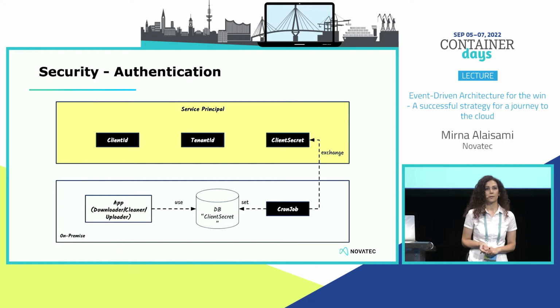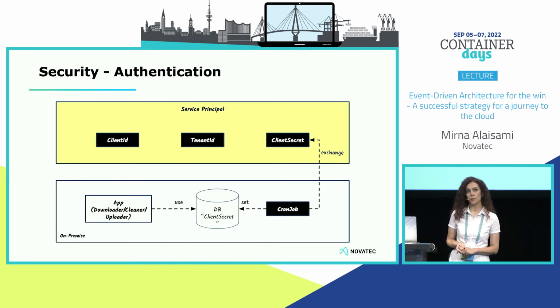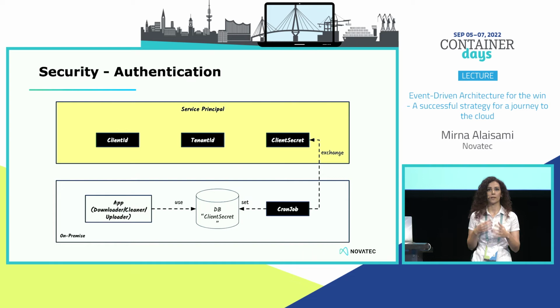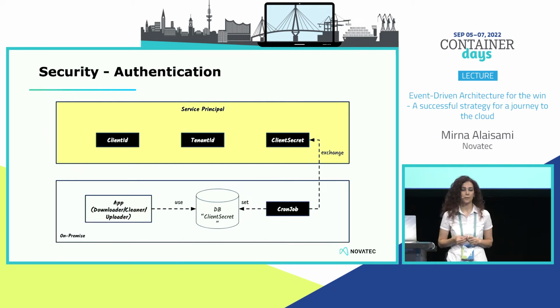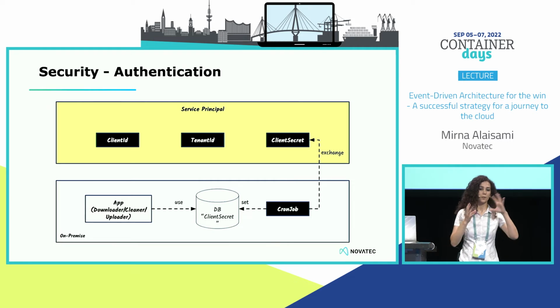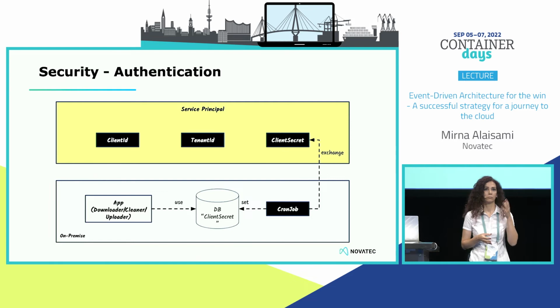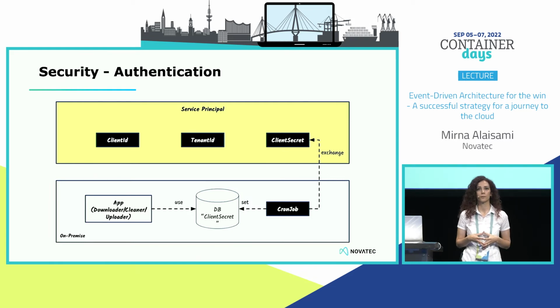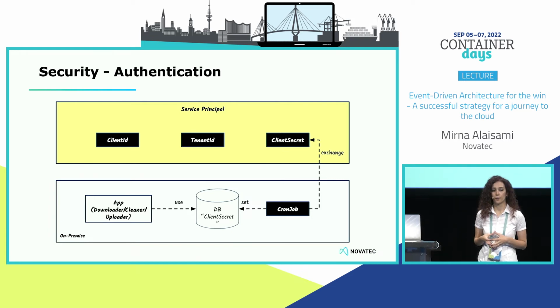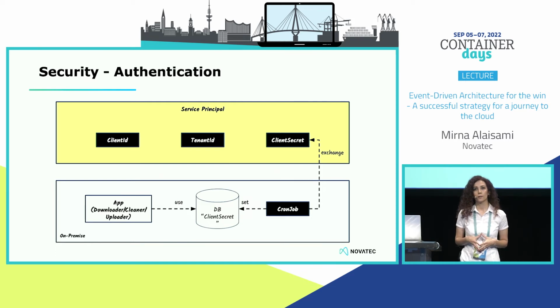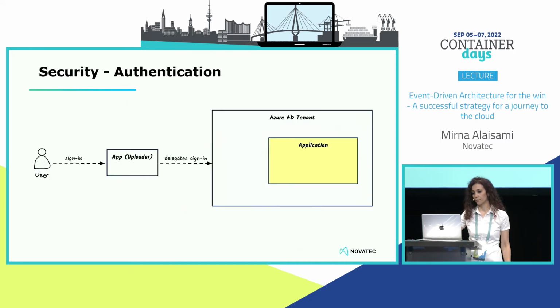And since those client secrets have some expiry dates, we needed to have a cron job that manages all of that and makes sure to update those client secrets and store them encrypted in some database where the customer stores some important credential data for their use cases. Then the applications could make use of that and authenticate against Azure Active Directory.